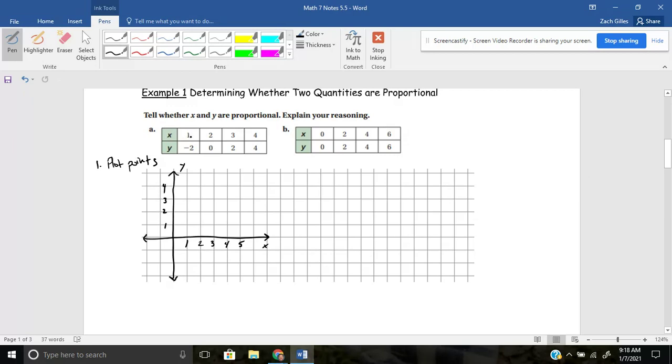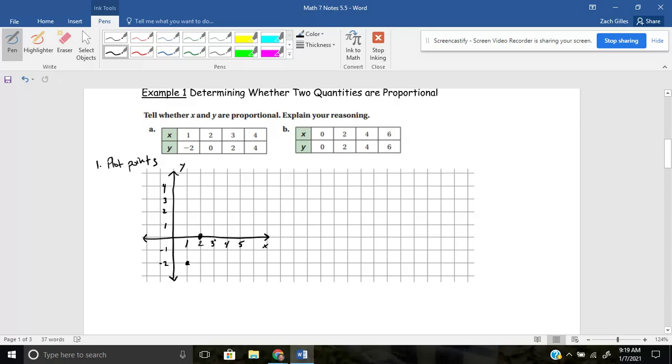When x is 1, y is -2. So that would be down 2. There's my first point. When x is 2, y is 0.